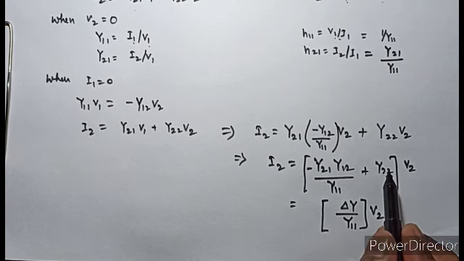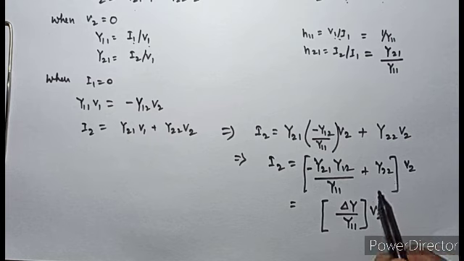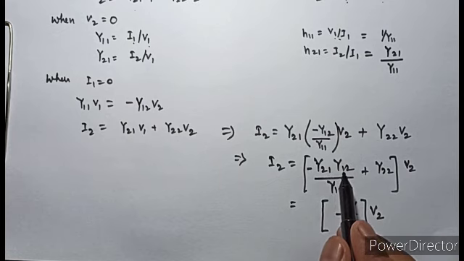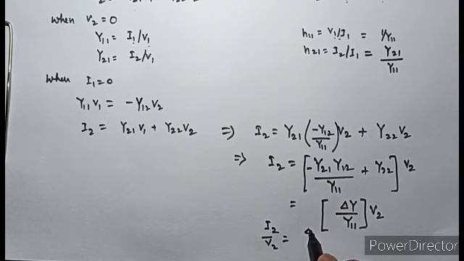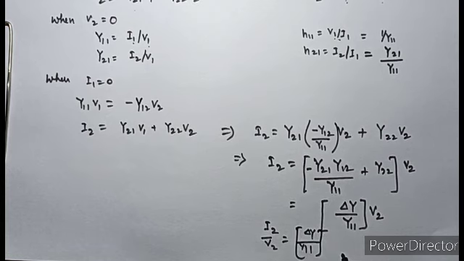This y11 will get multiplied by this, and this whole term, that is y22 into y11 minus y21 into y12, will be nothing but delta y. So from there I wrote this. So our I2 by v2 will be delta y by y11.